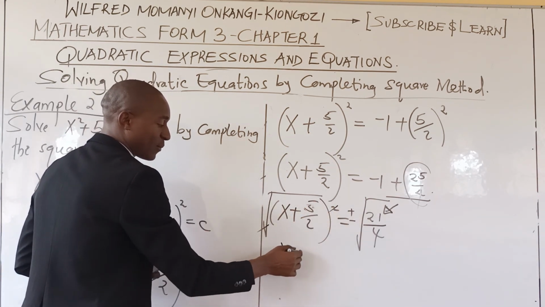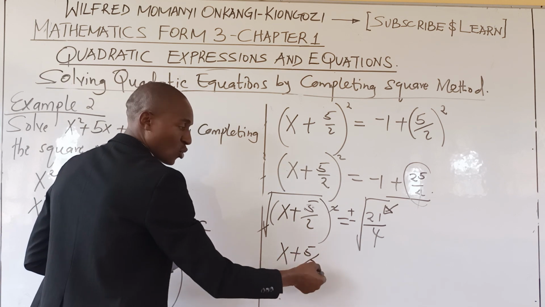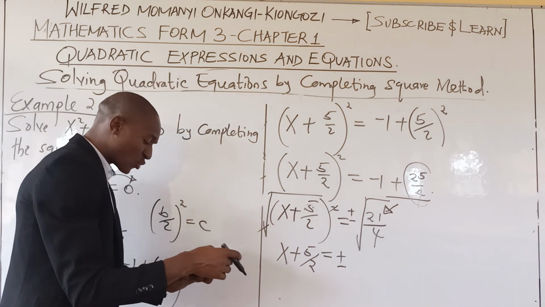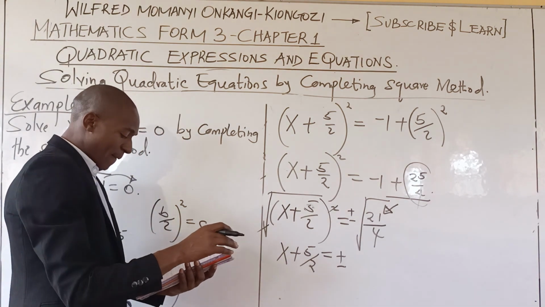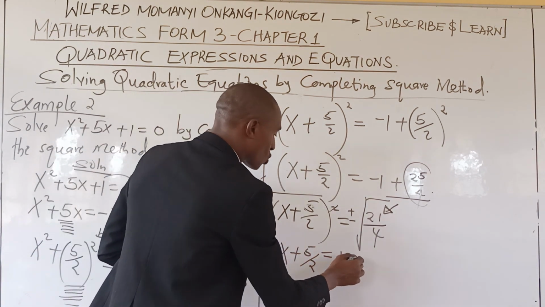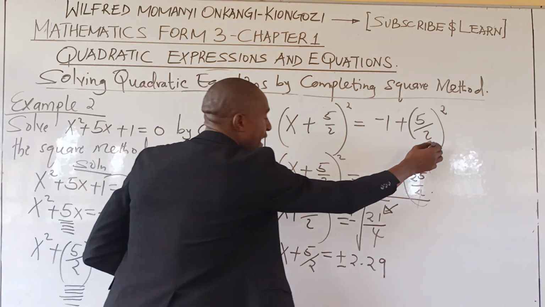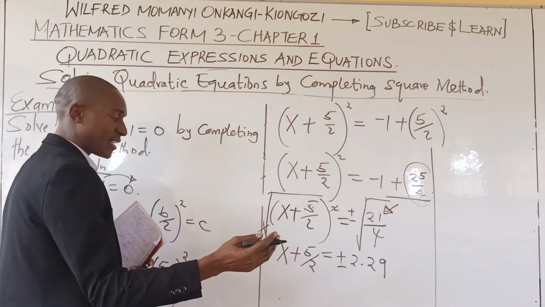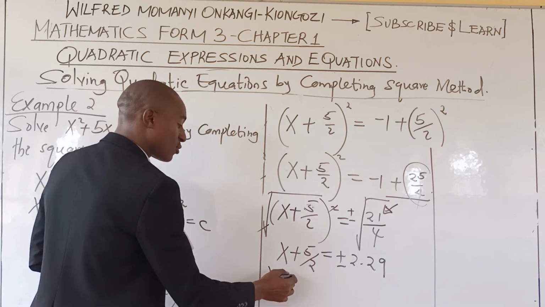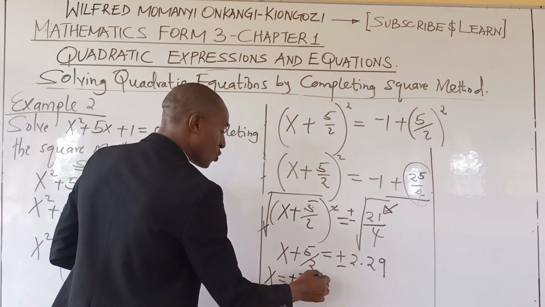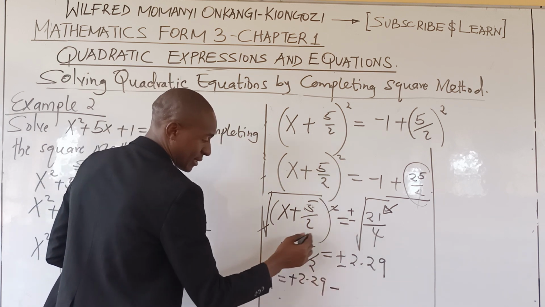You have x plus 5 over 2 is equals to plus or minus the square root of 21 over 4, which is plus or minus 2.29.